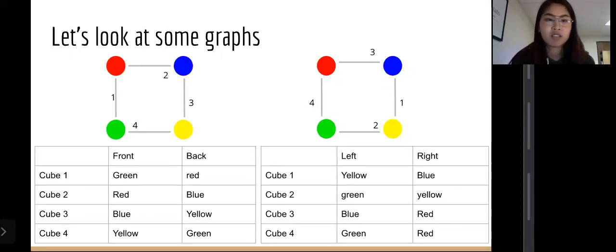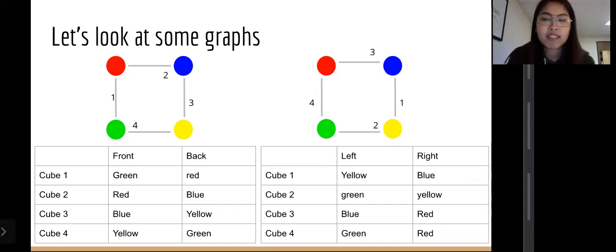Meaning if this on the front and back, the red and the green is cube 1, that means that in the left and the right, the red and green can't have a number 1, because it just contradicts the cubes that we have. It could potentially work depending on how your cubes are formed, but with the particular ones that we have, it just doesn't work.